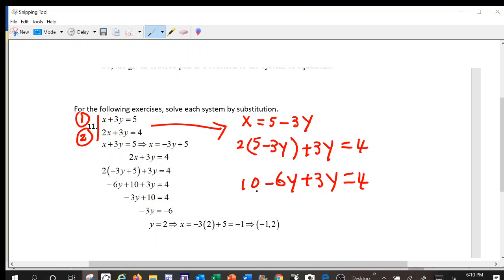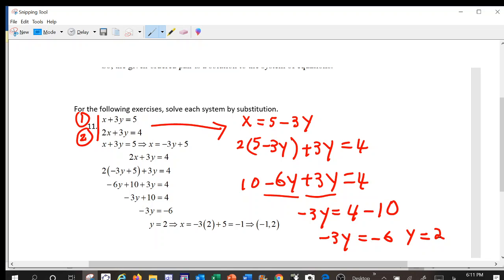Negative 6y and 3y, that's negative 3y. Now move the 10 to the other side, that would be 4 minus 10. So negative 3y equals negative 6. So y is, I said x, should be y. So y is 2, right? Now, if y is 2, what is x?